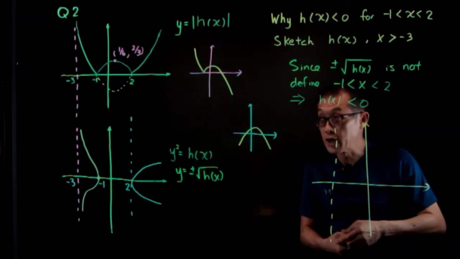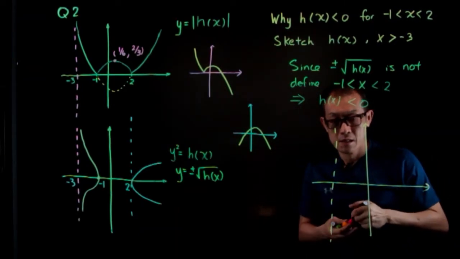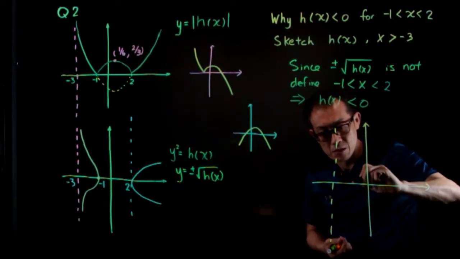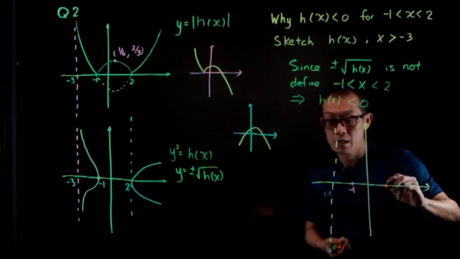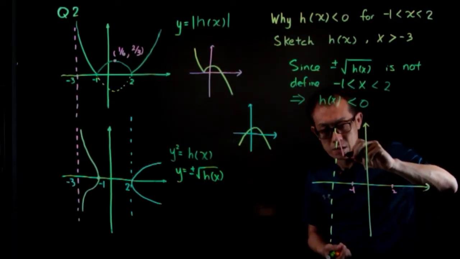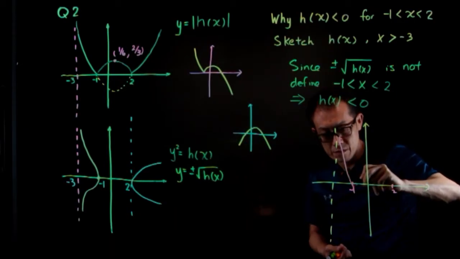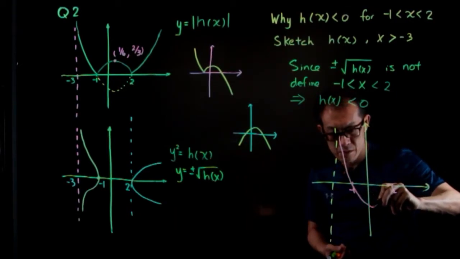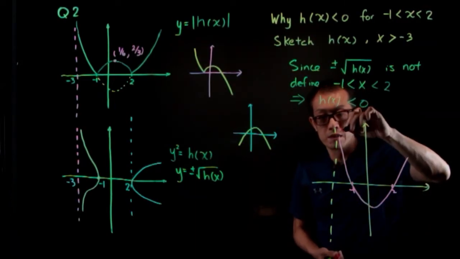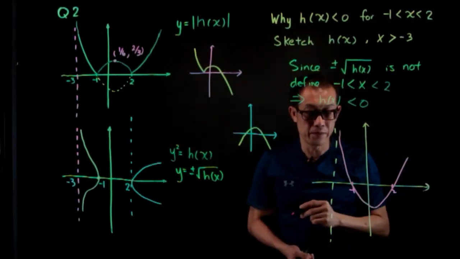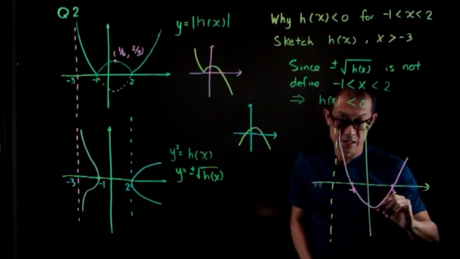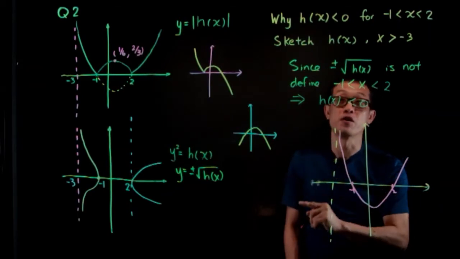Let me use a different color. You have minus 1 here and 2 here. So this graph, this is an asymptote. This is not a quadratic graph because a quadratic graph does not have an asymptote.